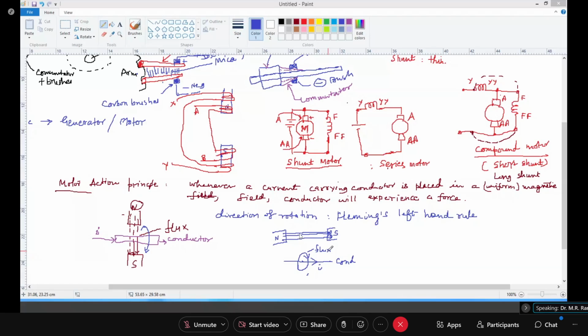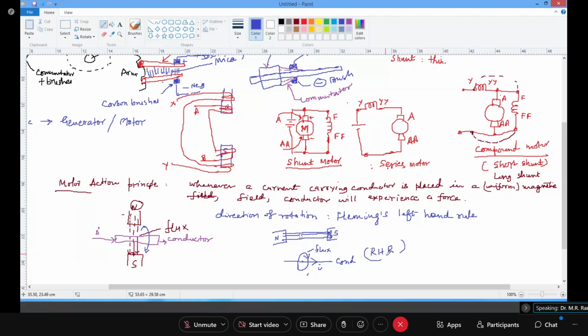So to know the direction of the field or flux around the conductor, what do you have to do? You have to apply the right hand rule.